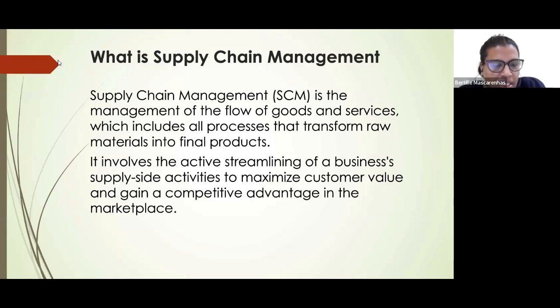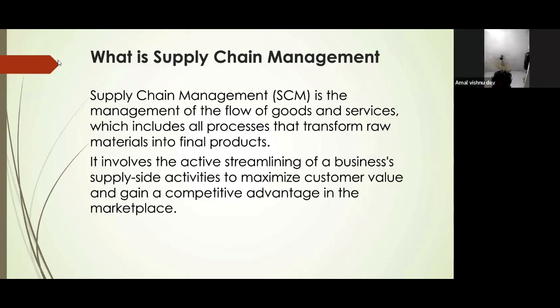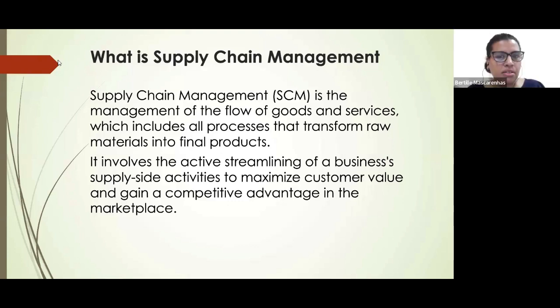Supply chain management is the management of the entire process which is needed to convert raw materials into a final product.